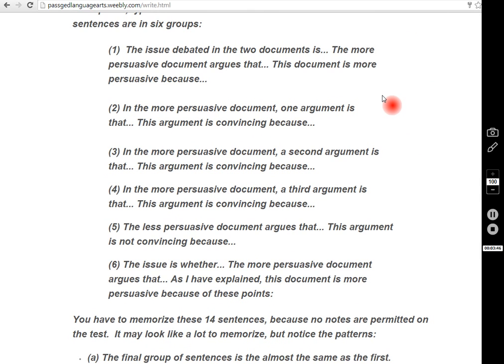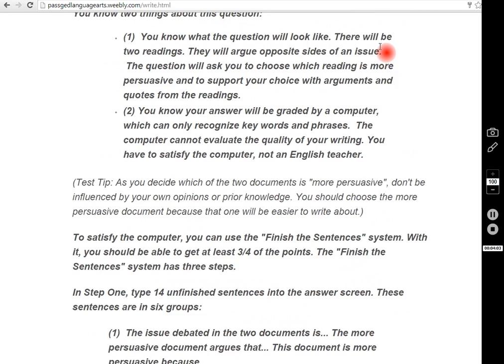So in step 1 of the Finish the Sentences system, you enter these unfinished sentences into the answer box. In step 2, you read the documents which are provided with each question and then use those documents to finish the sentences.